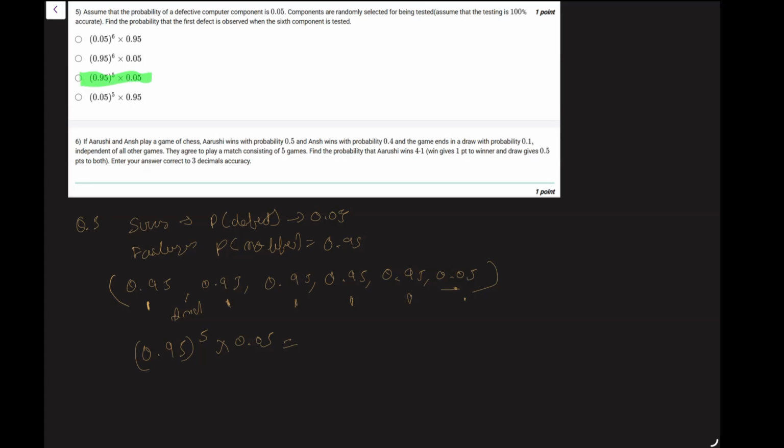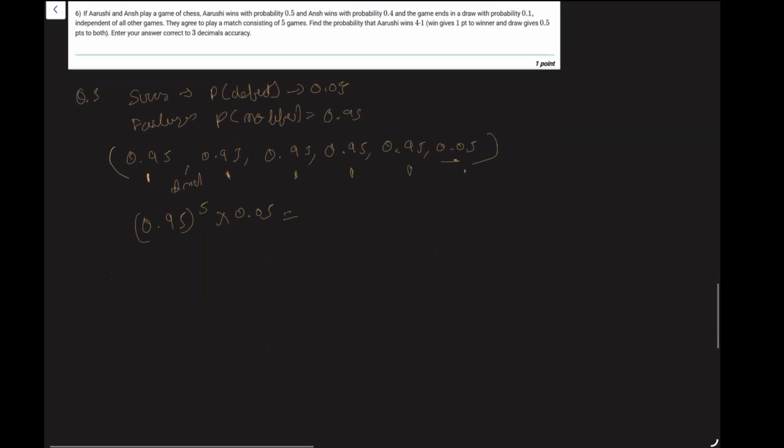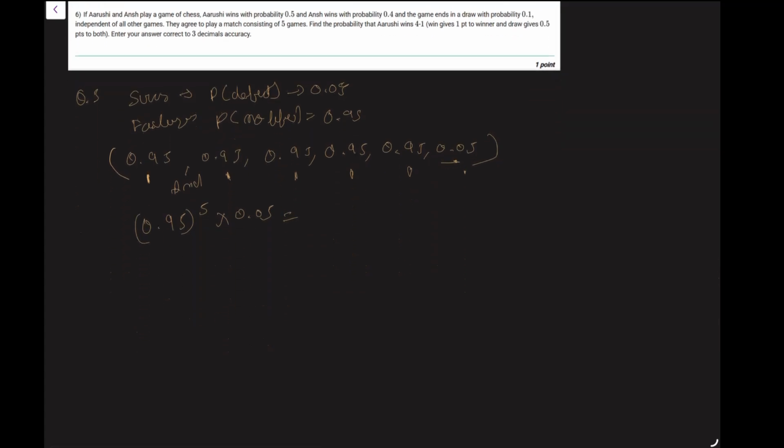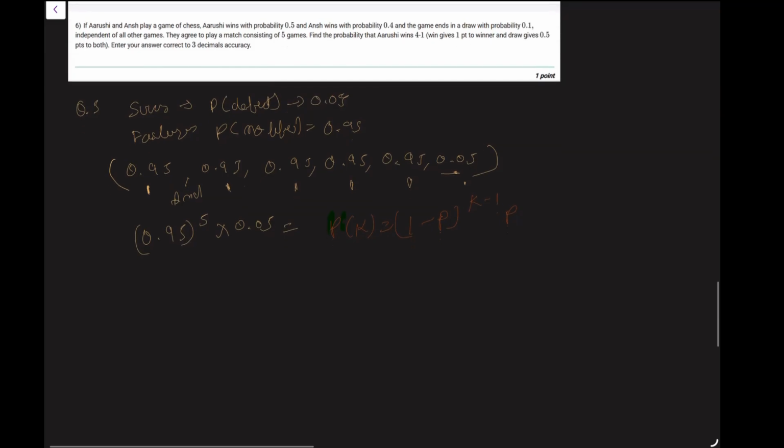They're not asking the final answer. It's just this one. So I hope this makes sense. You can also use the formula of geometric distribution, which is basically p(k) = (1 − p)^(k−1) times p. Same thing. But I think you should use logic. It's very simple. Okay, now let's move ahead to our next question.